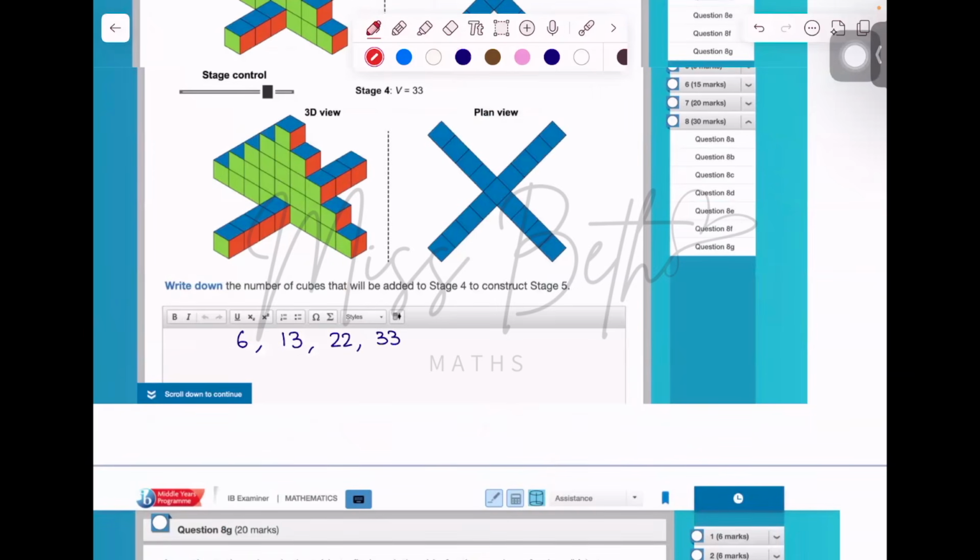I want to work out what we are going up by each time. 6 plus 7 is 13. 13 plus 9 is 22. 22 plus 11 is 33. Then back to the question, it wants us to write down the number of cubes that will be added to stage 4 to construct stage 5. We're going to need to add 13 to get to the next stage. So your answer for this question is 13 cubes.